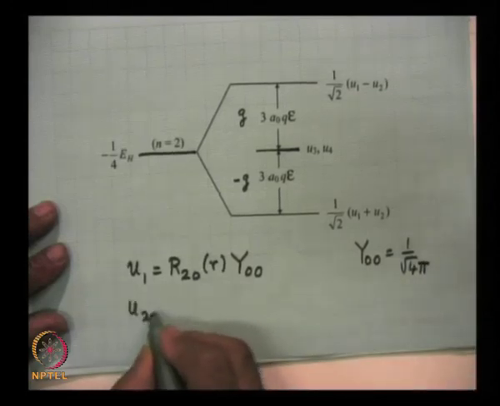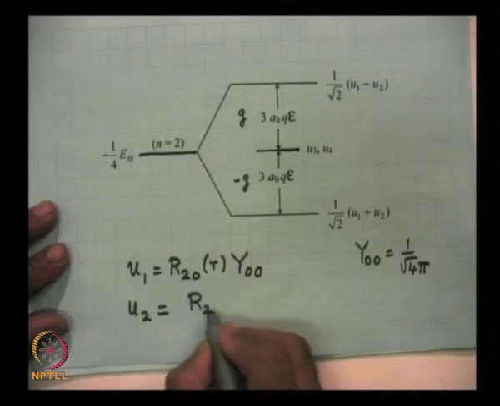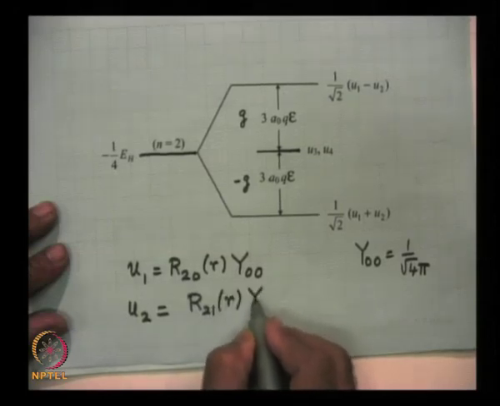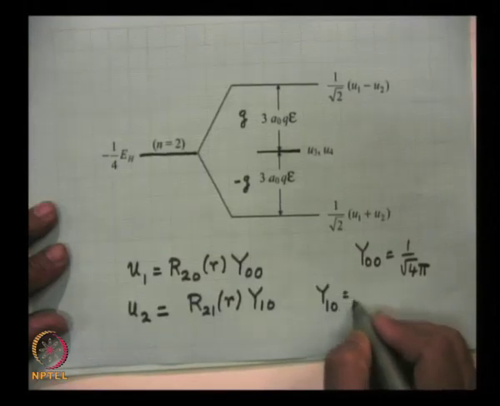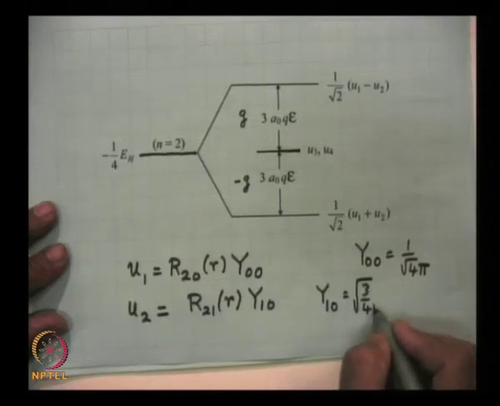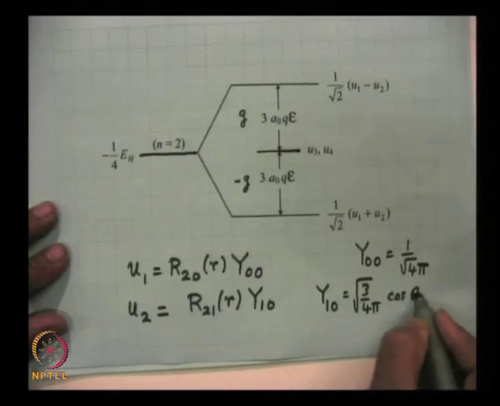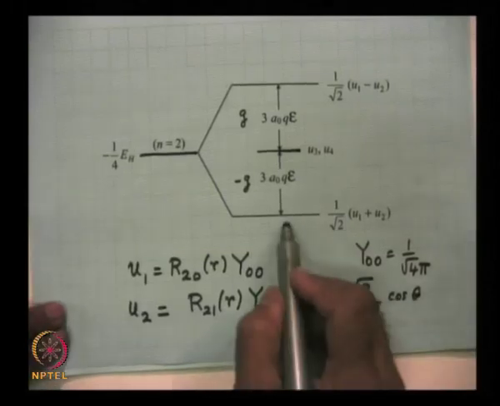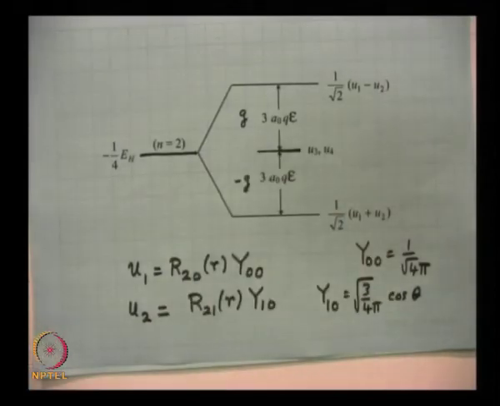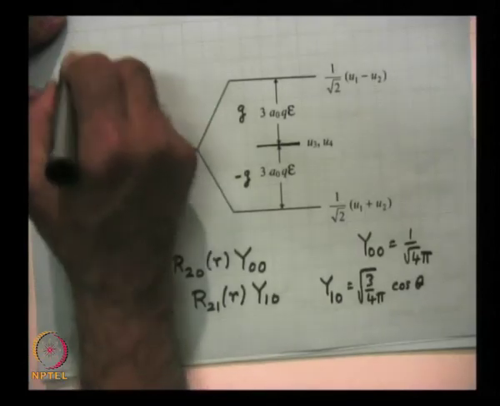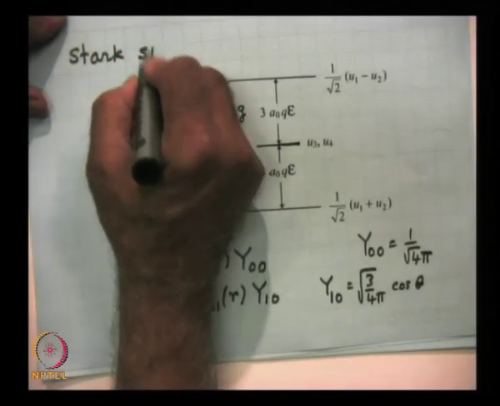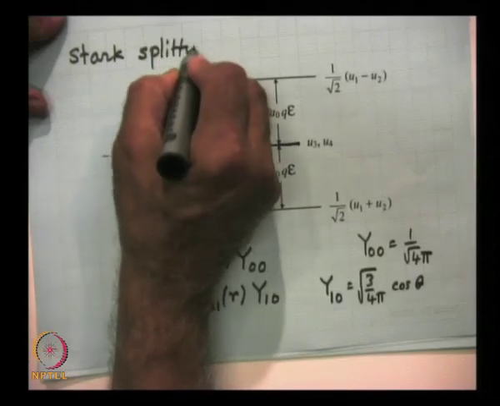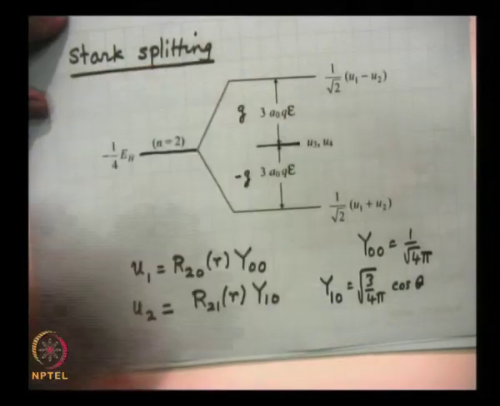And u2 is equal to r21 of r and y10. And what is y10? That is just root of 3 by 4 pi cos theta. So, they both correspond to m equal to 0 states. This splitting of the n equal to 2 state is known as the Stark splitting.